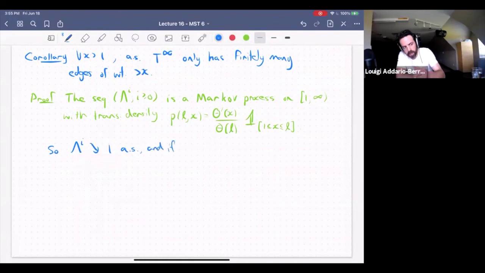And if lambda i is less than x, then after we add this edge lambda i, all the edges have weight less than x.